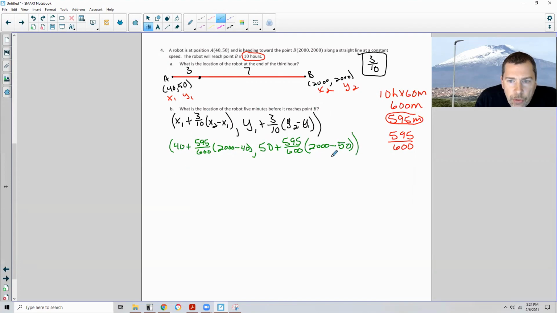Okay, so this is going to give us 40 plus 595 over 600. And if you did this before and didn't erase it like me, you could just copy 2,000 minus 40 is 1,960. And then comma 50 plus 595 over 600 times 1,950.